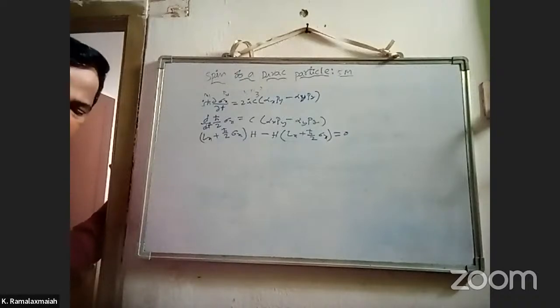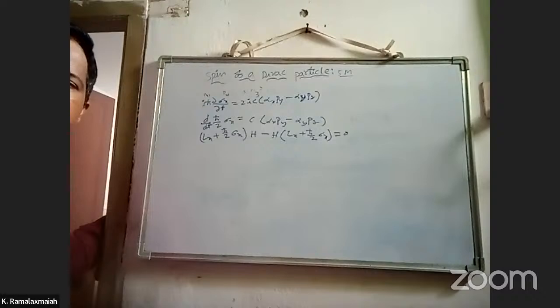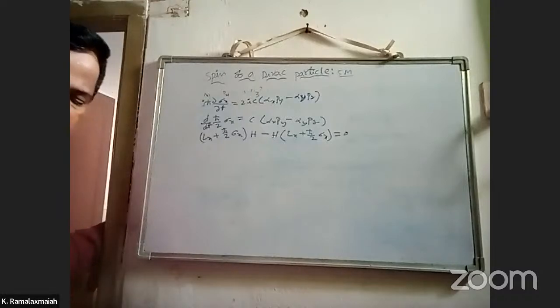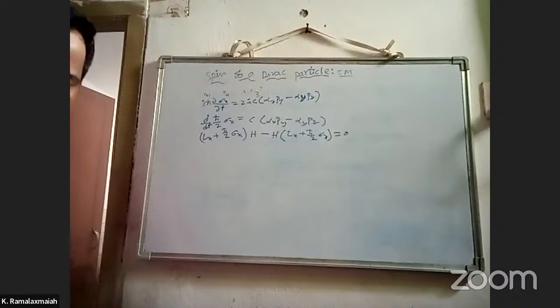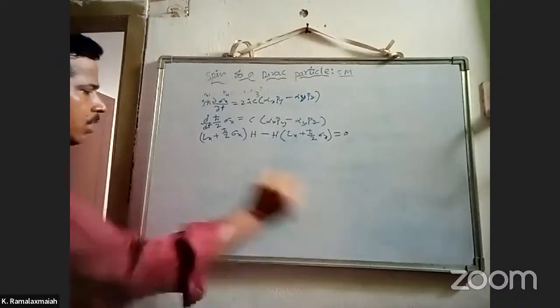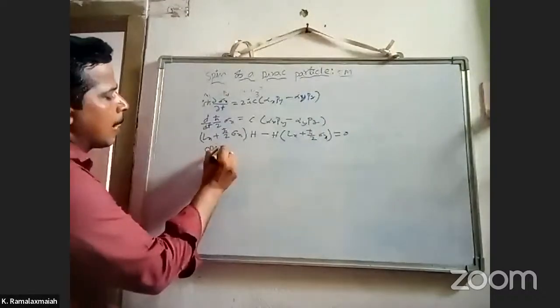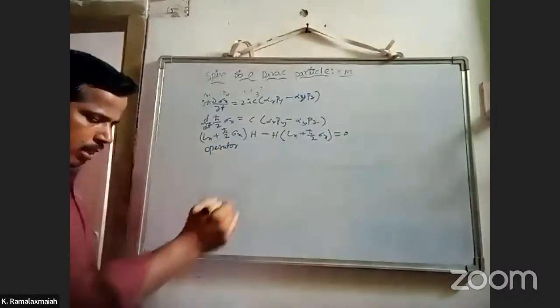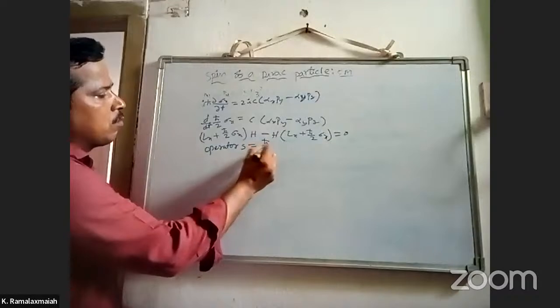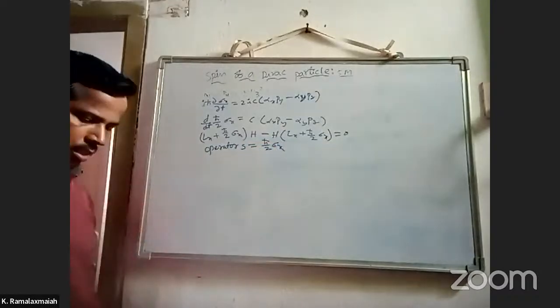Lx plus h-bar by 2 sigma x commutes with the H value, and Lx plus h-bar by 2 sigma x is a constant of the motion. This is the constant of the motion. This can be the total angular momentum. We refer to the operator S equal to h-bar by 2 sigma x.